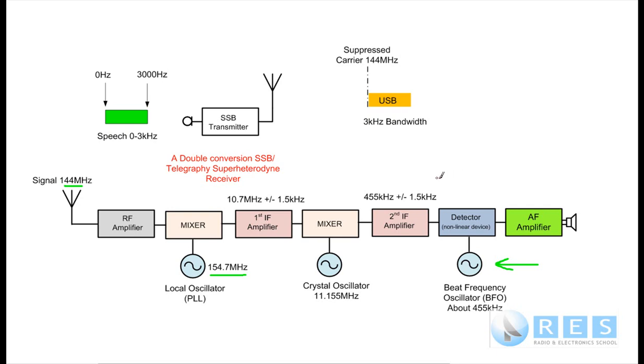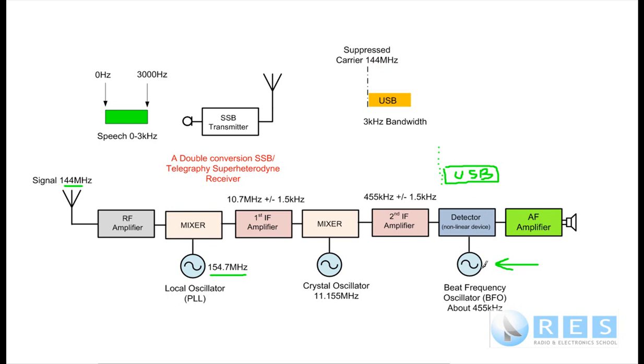If I was to draw this single sideband signal coming out of this second IF amplifier, there we have our upper sideband, and it's no longer on the frequency it was transmitted on. It was transmitted on 144 megahertz, but the carrier, if it was there, would be just at the bottom of the upper sideband.